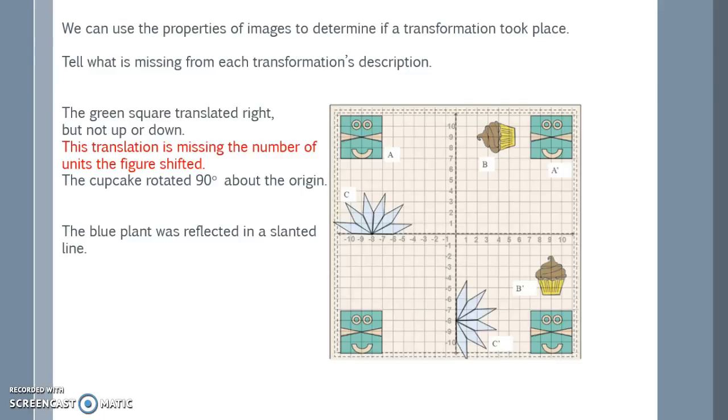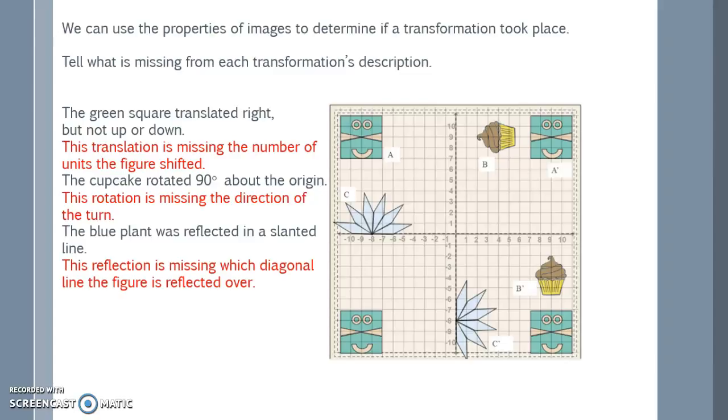So the green square was translated right, but it doesn't tell us how far right we need to go. The cupcake is rotated 90 degrees about the origin, but which direction was the rotation? Counterclockwise or clockwise? The blue plant was reflected in a slanted line. However, what specific diagonal line was the figure reflected over? It's not very specific. So we can't just say the obvious what had happened. We need to be specific with how it happens.